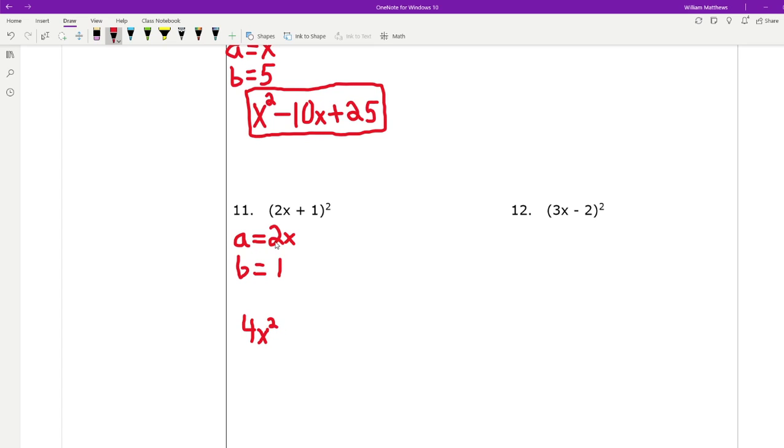I have to multiply every part of the term. My middle part is going to be the values multiplied, a times b multiplied. 2x times 1 is just 2x, and then double it, which gives me 4x.